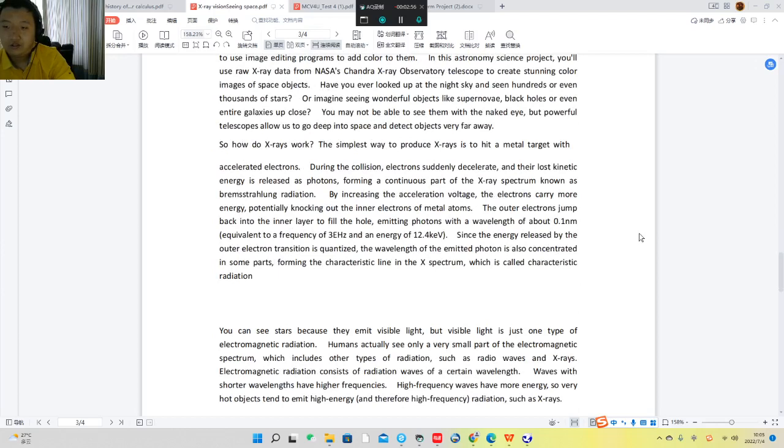So how do X-rays work? The simplest way to produce X-rays is to hit a metal target with accelerated electrons.